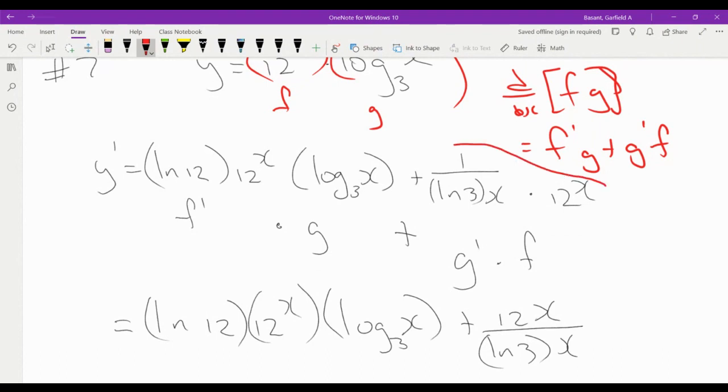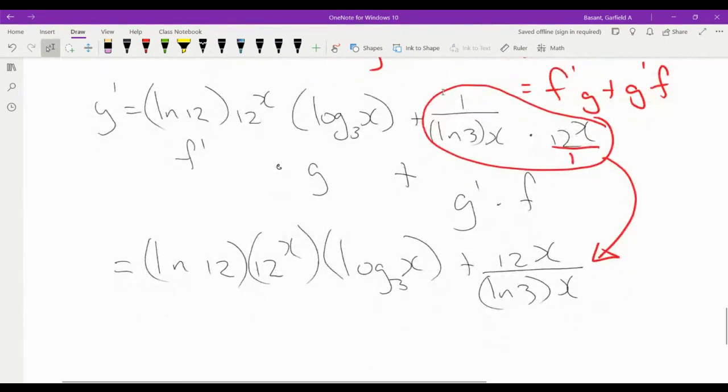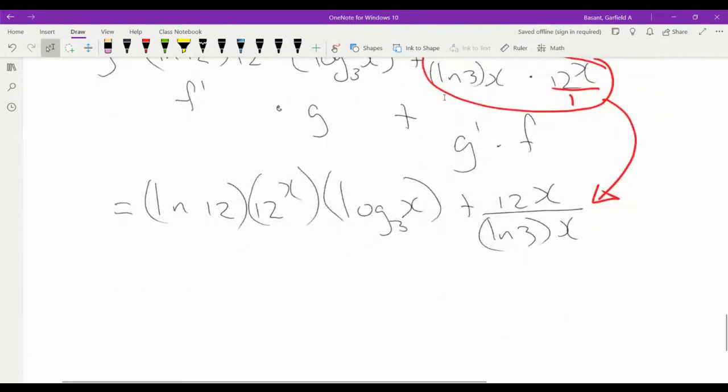So when we multiply these two pieces here, it became this, because this is 12 over x times 1. We could actually simplify that. Now that I look at it, what could we cancel out? Cancel out the x.